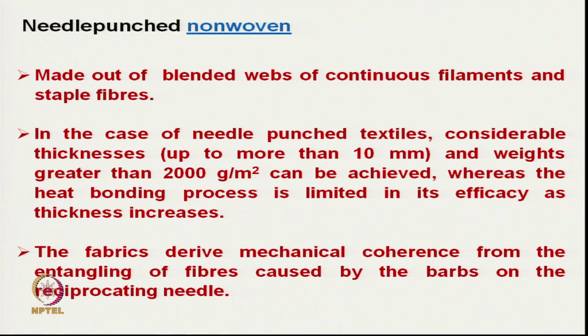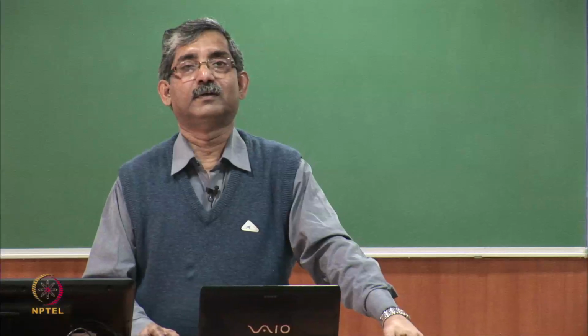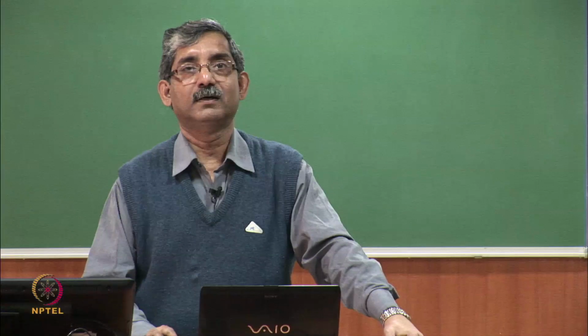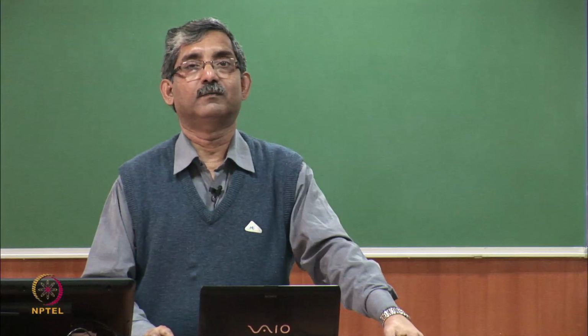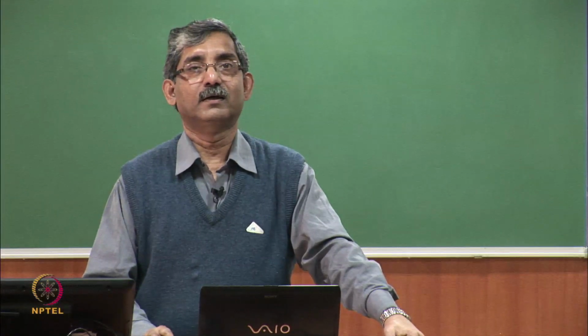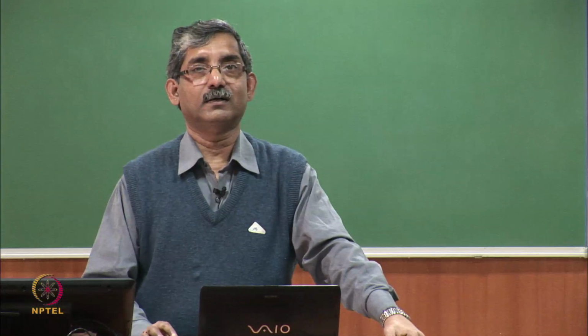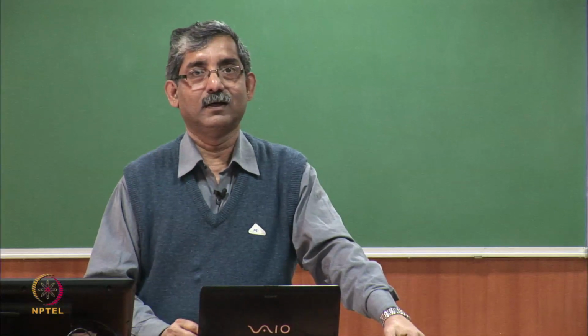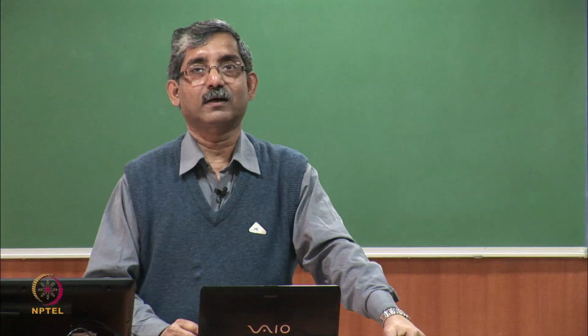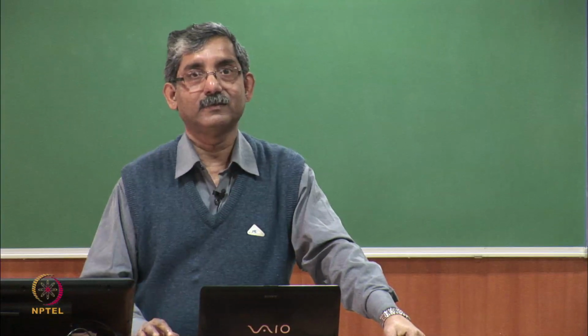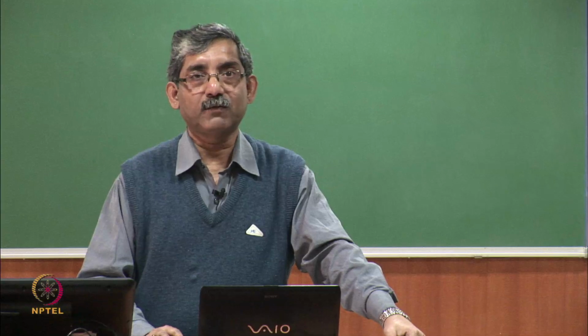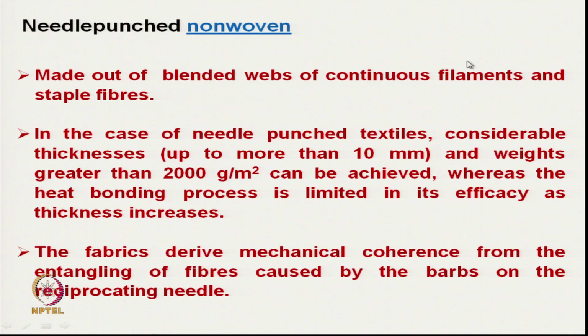Another way of making nonwoven fabric is the needle punched fabric, where using barbed needles the fabrics are bonded mechanically. We can use staple fiber or continuous filaments for needle punching.